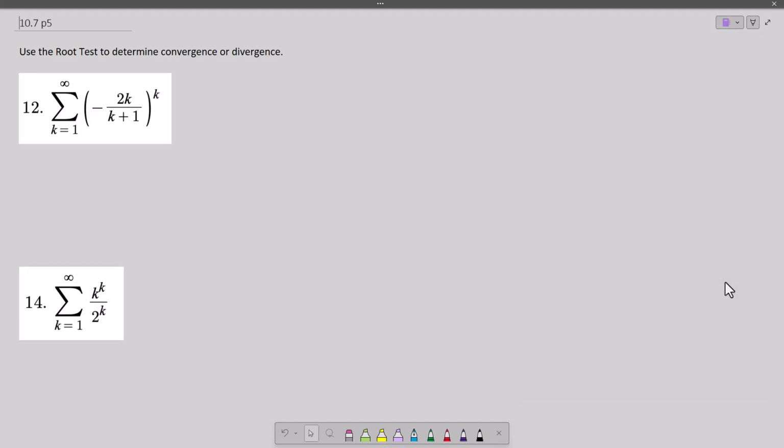Let's try one. We typically use the ratio test when you see factorials. So if you see a factorial, 99% of the time, the ratio test is the right thing to do. When you see a power on the outside, with the root test, it's less than 99.